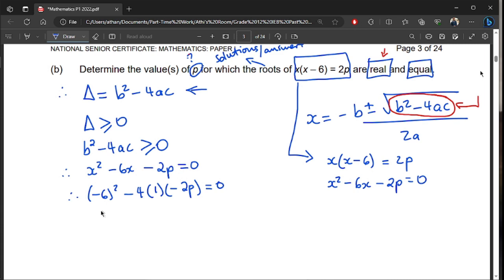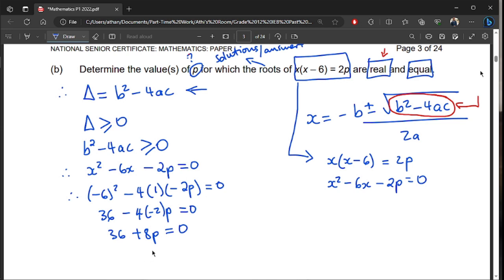Negative 6 all squared will be 36. Minus 4 times 1 is minus 4, and then times negative 2p. That means this is 36 plus 8p, because negative 4 and negative 2 give you positive 8.